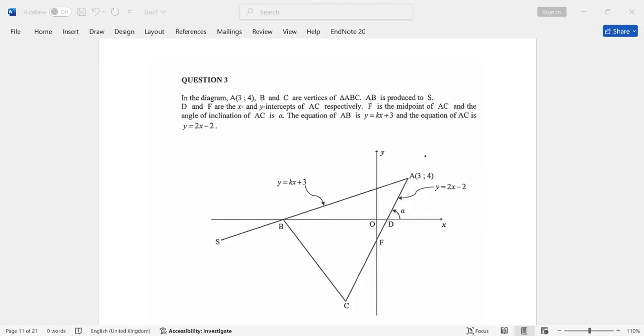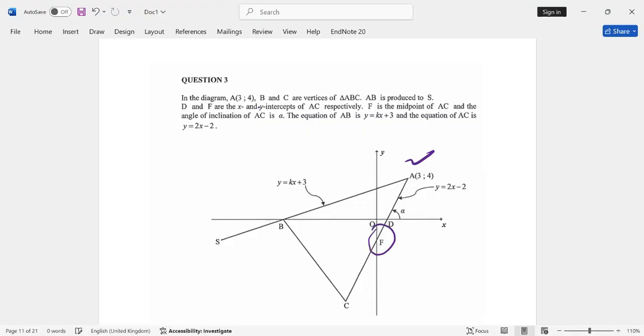The next question is question number 3. In the diagram below we have an A point. B and C are the vertices of the triangle ABC. AB is produced to D, and E and F are the x and y intercept of AC respectively. Okay, and F is the midpoint of AC.